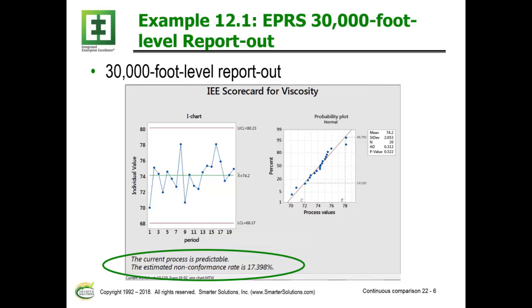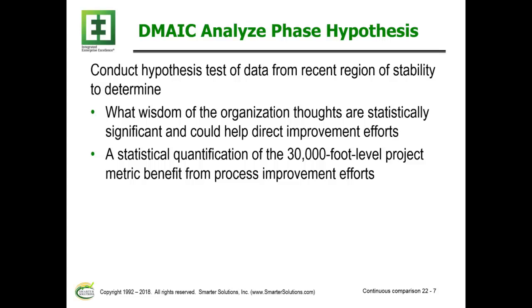That can give you insight into what you might do differently. Again, it's from a recent region of stability, which could be 3 days, 3 months, or 3 years. With the wisdom of the organization, you can come up with thoughts on what you might do to make improvements.